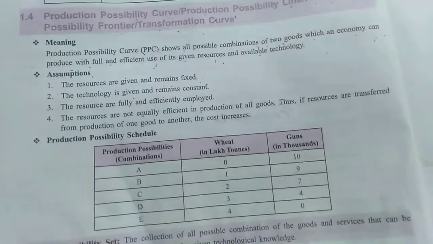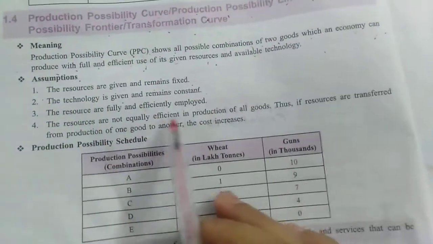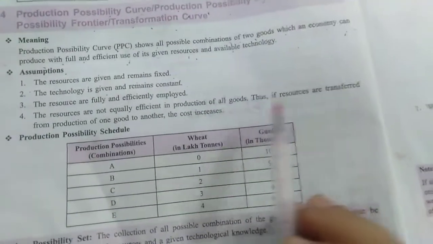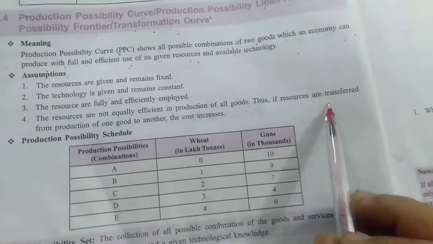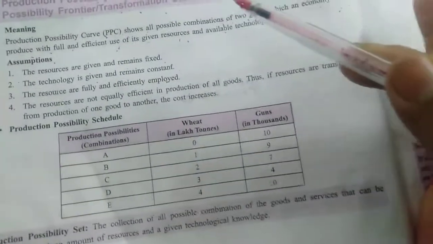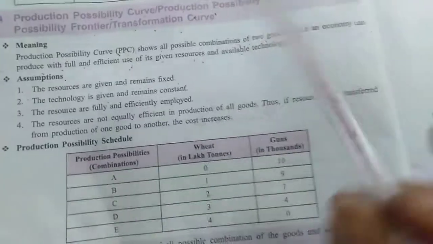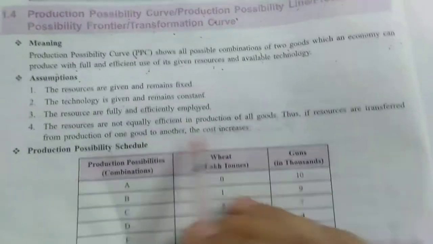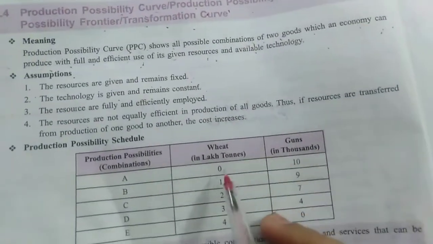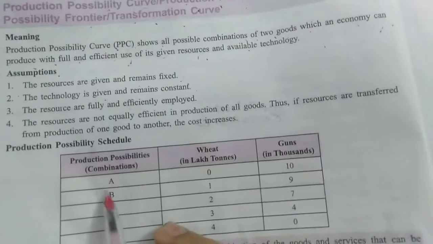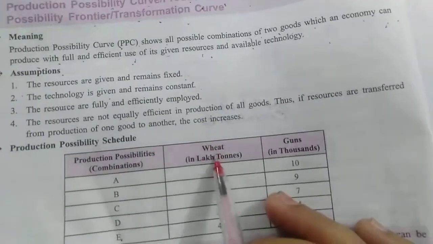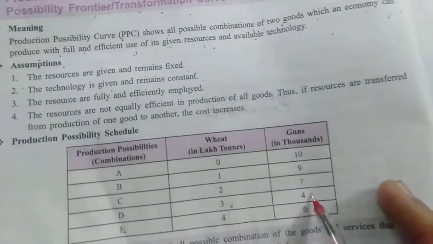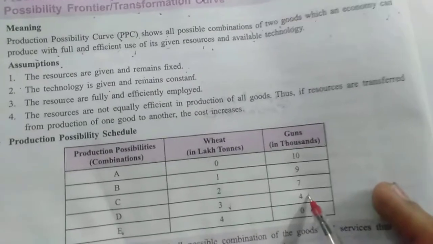And last, the resources are not equally efficient in producing all the goods. In order to increase the production of one good, they have to sacrifice the production of the second good. Is it clear? For example, wheat and guns are the possible combinations, and an economy is producing both.